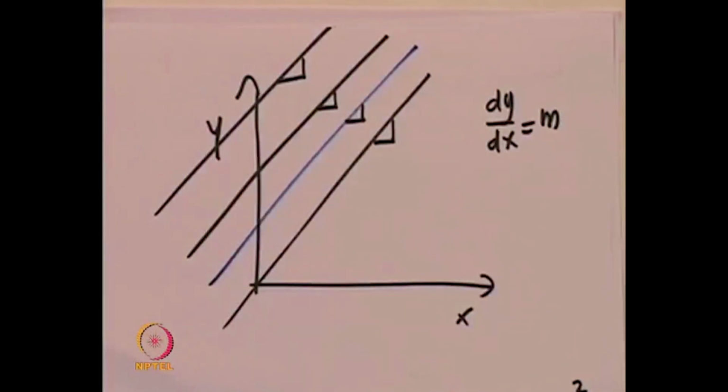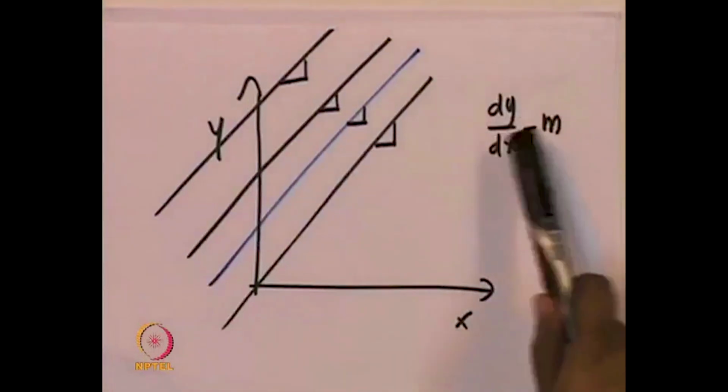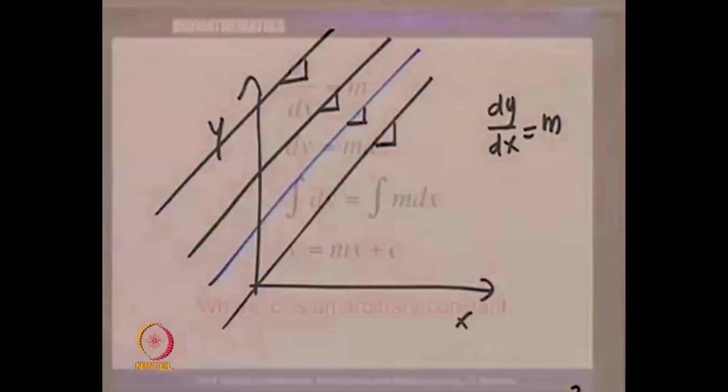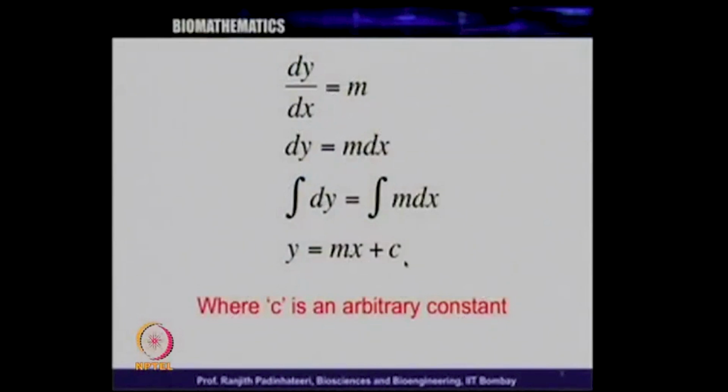So, when somebody tells you to integrate dy by dx equal to m, that person is asking you to draw a curve with derivative or slope equal to m, and any of these is an answer. In other words, the integral of this is y equal to mx plus c, where c could be any constant.